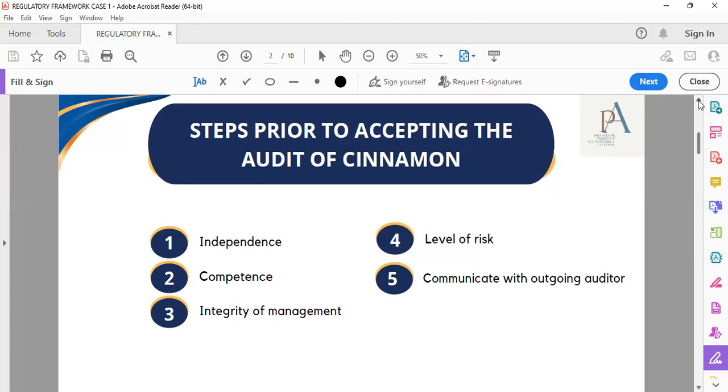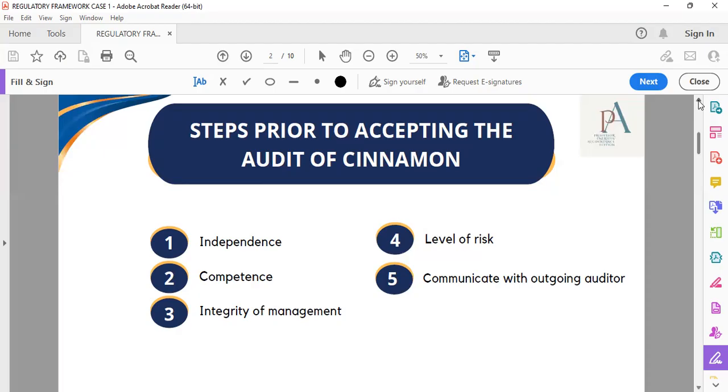Competence is, let's assume this company has been auditing manufacturing companies for the 5-10 years since they existed, and they are supposed to take on an assignment in an insurance company or financial services company or a fintech company. They should be able to assess if they have the requisite competence to be able to take on an audit in an area or a field that is different from what they have been doing before.